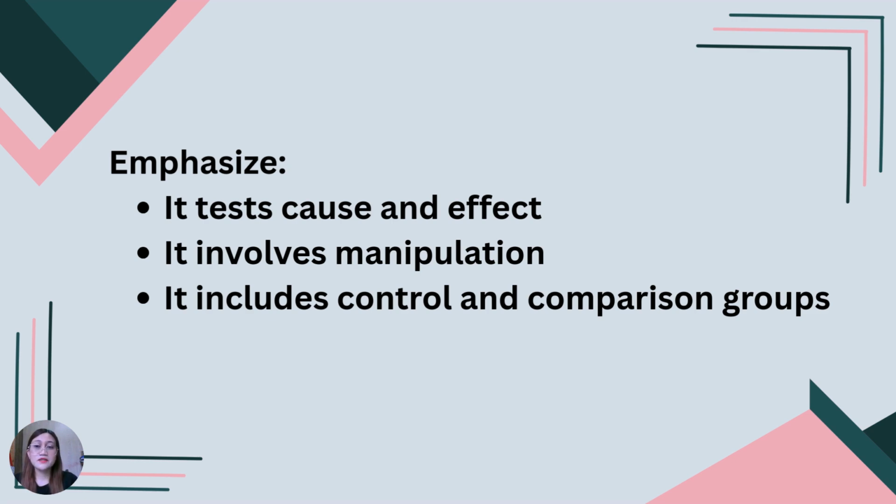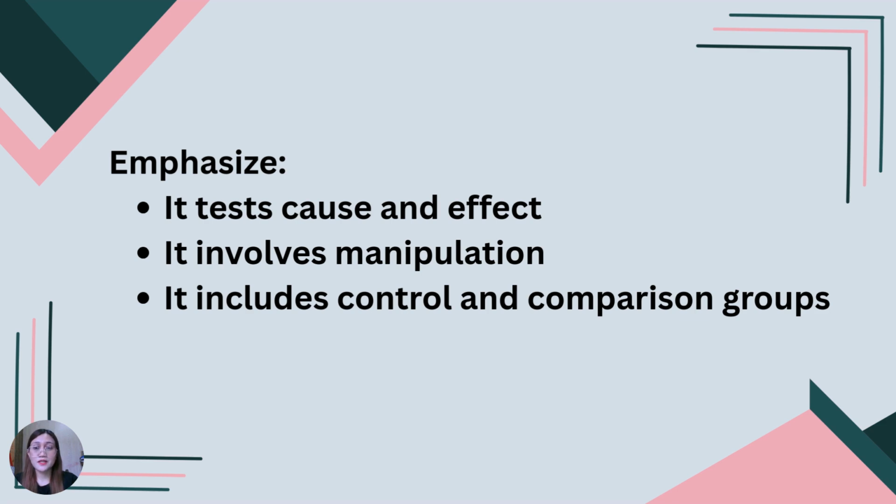Next, it involves manipulation. It means that the researcher deliberately changes or controls the independent variable. The researcher decides who receives the treatment, what treatment is given, and when and how it is applied.